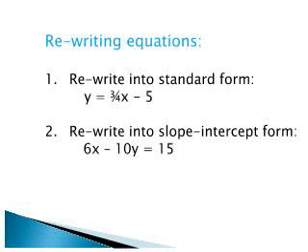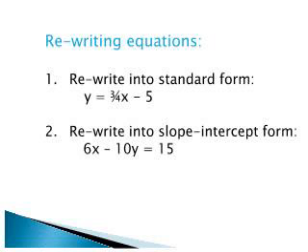Okay. The next thing we need to talk about is rewriting equations. So this was a little bit in Chapter 1, I believe Section 1.4, where we rewrote equations and formulas. And we need to practice these because in this chapter they do ask you to write it in specific form, and so you need to practice changing them back and forth.